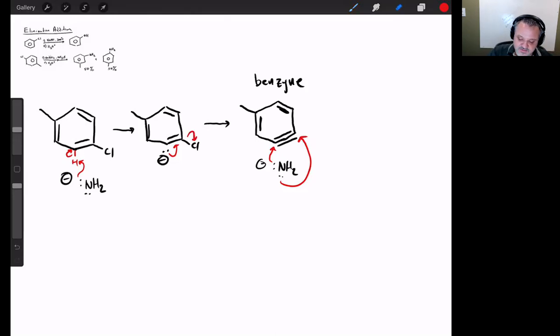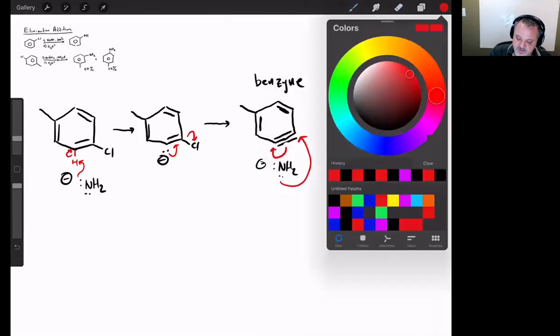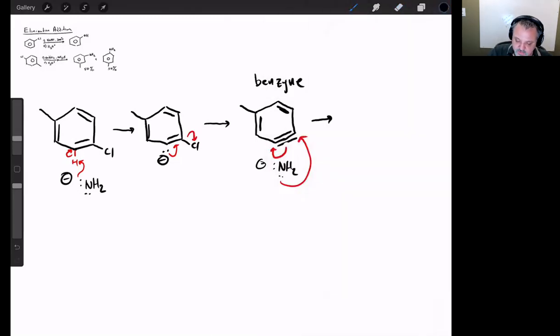For simplicity's sake, I'm going to show only the formation of the para product, because I'm going to need another arrow to show what happens to the triple bond, because it can't violate the octet rule, even though having a triple bond inside of a 6-membered ring should be somewhat mind-blowing at this point.